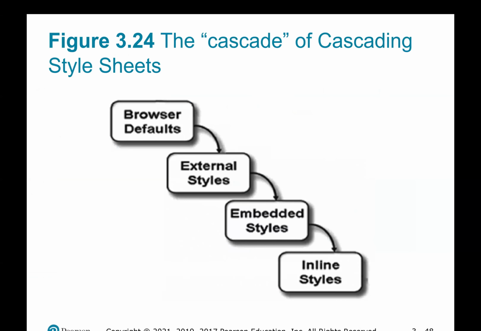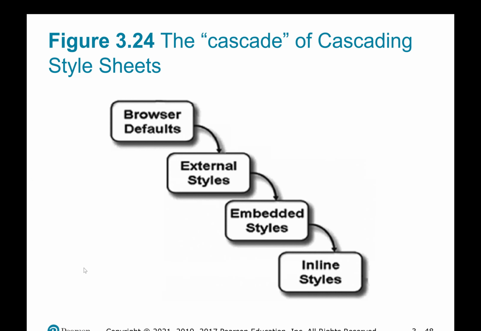So finally, you may have this question: if my HTML file has all kinds of styles in it, say it has an external style sheet linked, an embedded style, and an inline style, and they probably have style rules defined on the same element, then which one is going to be applied?